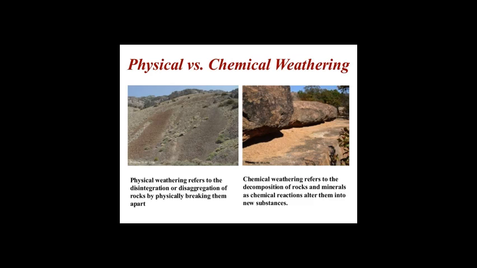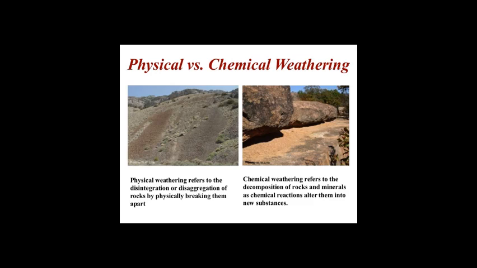Now the agents of physical weathering are temperature, moisture, frost action, wind, which cause the physical breakup of rocks. In chemical weathering, the temperature, moisture, etc. cause minerals in the rocks to either dissolve in water or to change their composition. Physical weathering is more rapid in the desert areas, whereas chemical weathering occurs mainly in the moist areas.